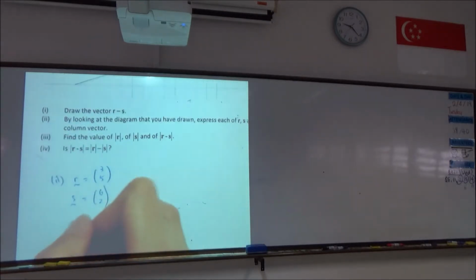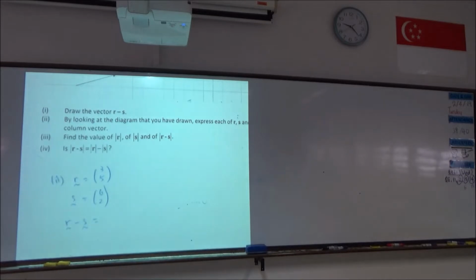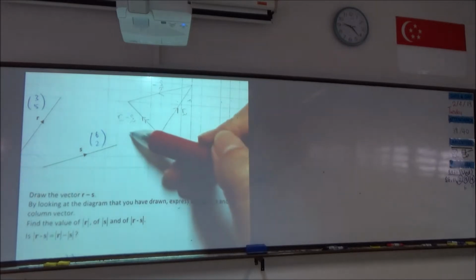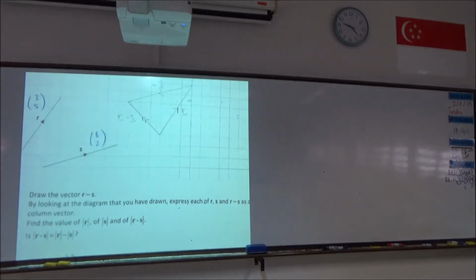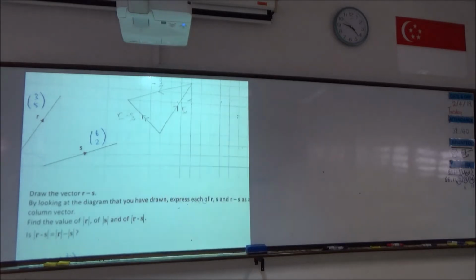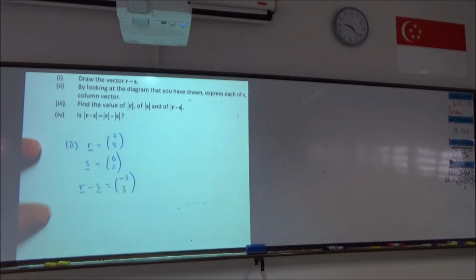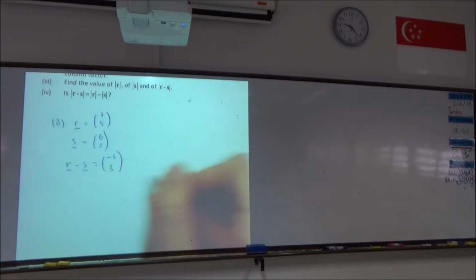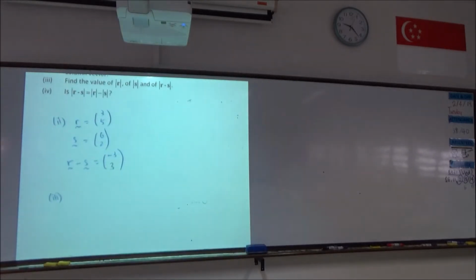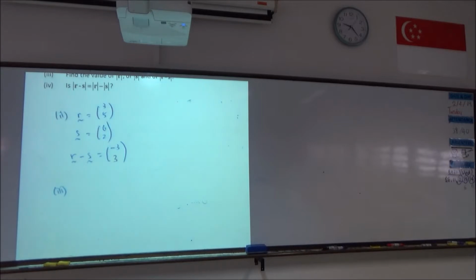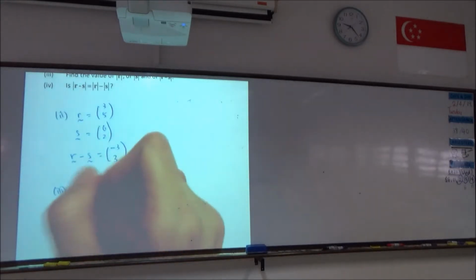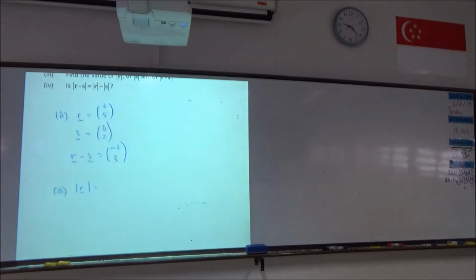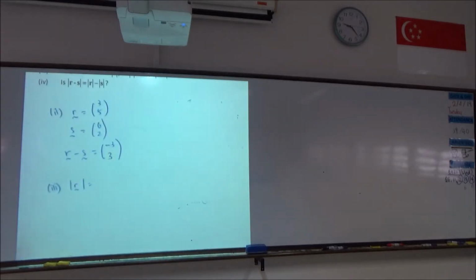Looking at the diagram itself, R minus S, the vector would be negative 3, and then upwards by 3, so (-3, 3). Then after that, finding the magnitude of R, S and R minus S.